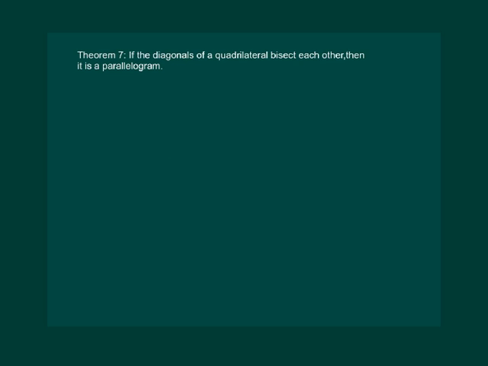Converse of theorem 6 is also true. It says that if the diagonals of a quadrilateral bisect each other, then it is a parallelogram. So let ABCD be any quadrilateral.